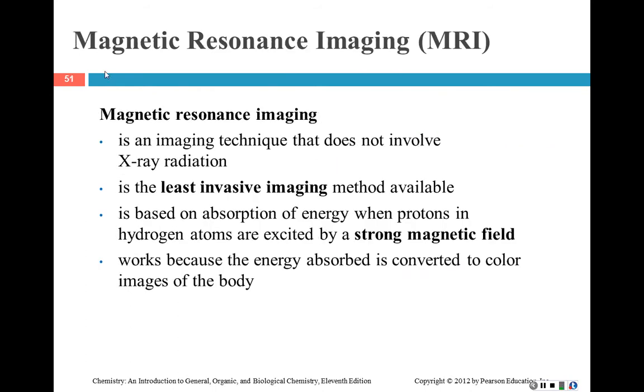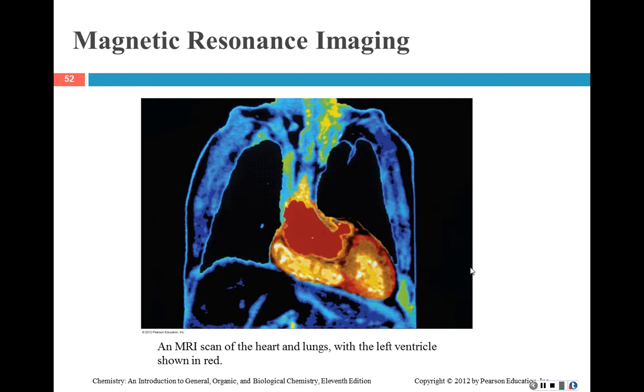MRIs, everybody seems to be getting them in their offices these days. It does not involve X-ray radiation, so you do not have to have that radioactivity issue. It's the least invasive method, and it's based on using a strong magnetic field and exciting some protons with that. And the energy that you're absorbing is converted to color, and it also gives you these really good images of the body.